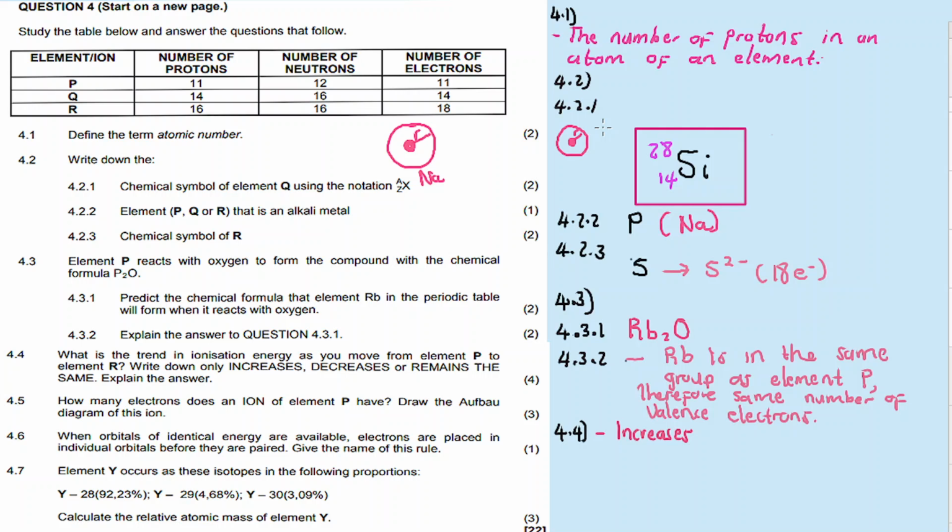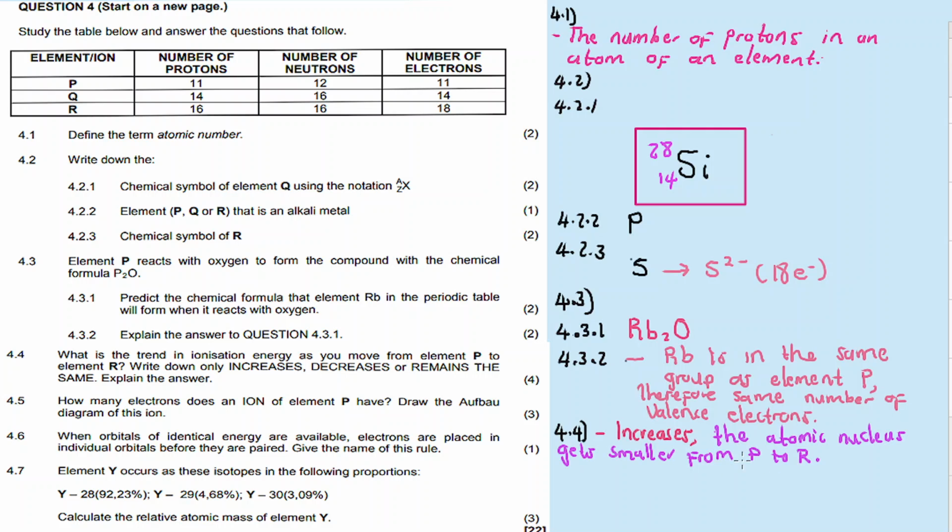More energy is required to remove the electrons because the attraction between the nucleus and the valence electrons, or the outer electrons, is much higher. So it becomes difficult to remove electrons. Thus the higher the ionization energy.